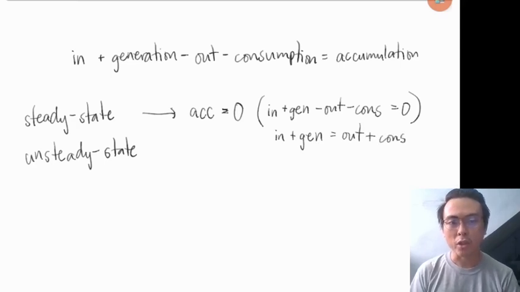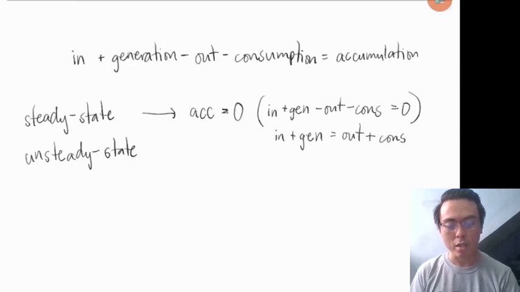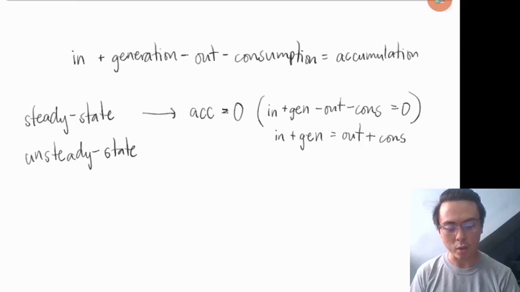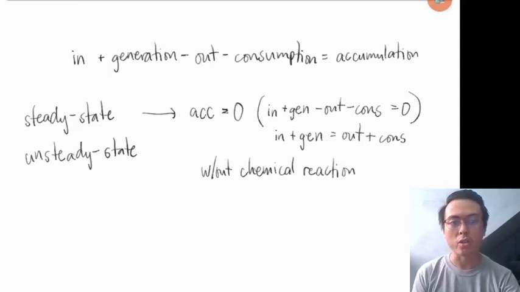And if we further simplify this material balance, you can assume that it's a steady state process and it's also a material balance without chemical reaction. If you don't have a chemical reaction occurring in your process, that means that you are not generating anything, you're also not consuming anything.